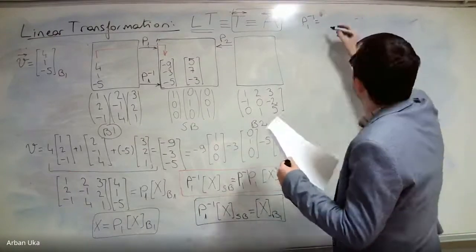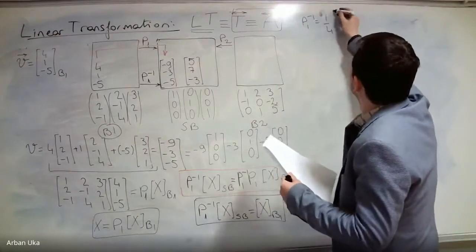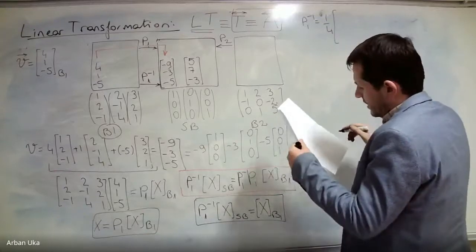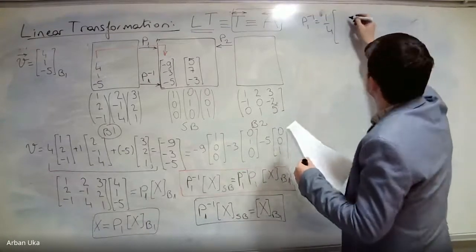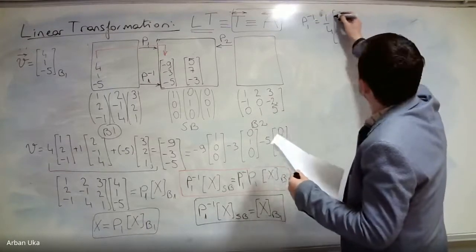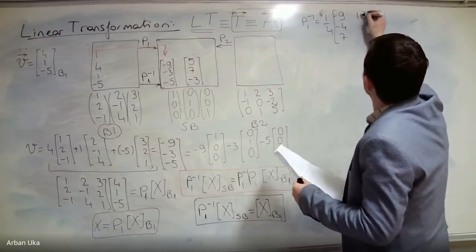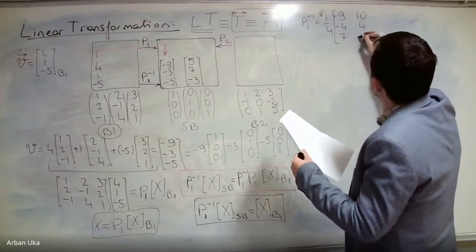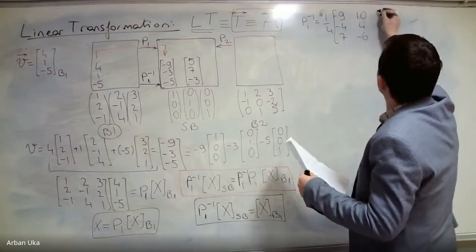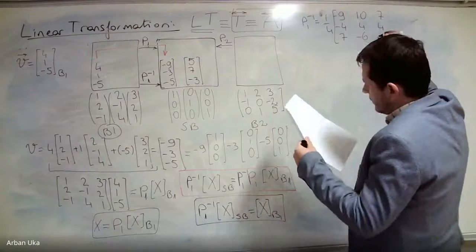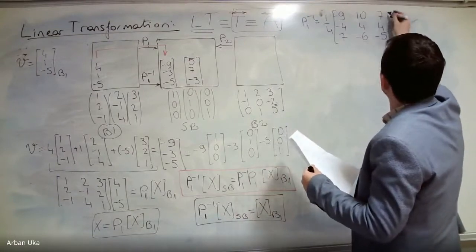P1 inverse is 1 over 4, times 9, minus 9, minus 4, 7; 10, 4, minus 6; 7, 4, minus 5.